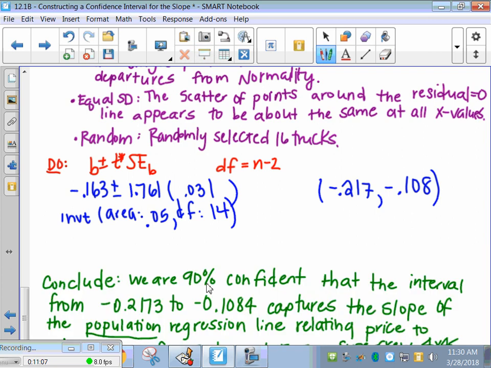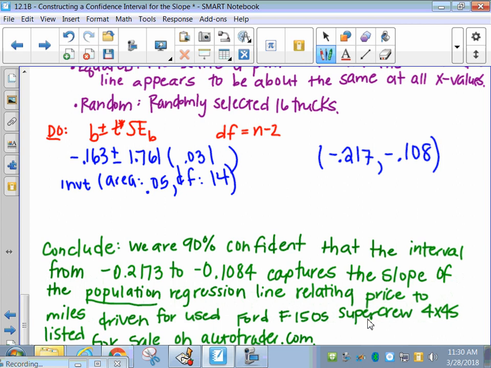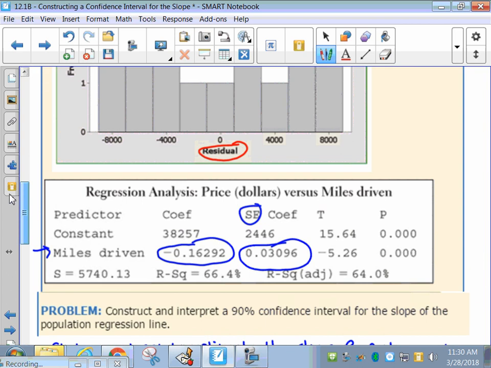And our conclusion: we're 90% confident that the interval from this to this captures the slope of the population regression line relating price to miles driven for all Ford F-150s.